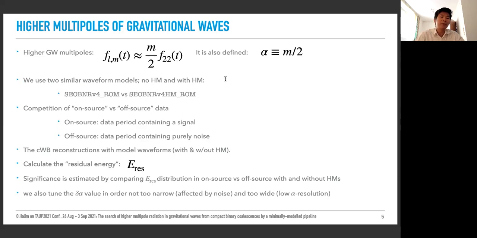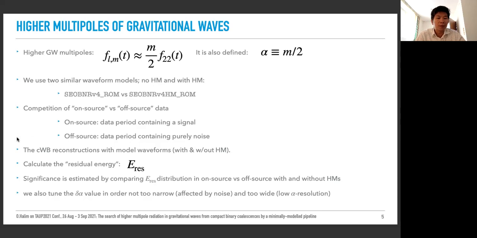And here we use two similar waveform models, which are SEOBNRv4 ROM and SEOBNRv4HM ROM. One is without higher modes and the other is with higher modes. The two waveforms are basically the same, except that the higher modes can be turned on and off. And here is the comparison of on-source and off-source data, in which on-source is the data period containing a signal, meanwhile off-source data is a data period that is expected to contain purely noise.